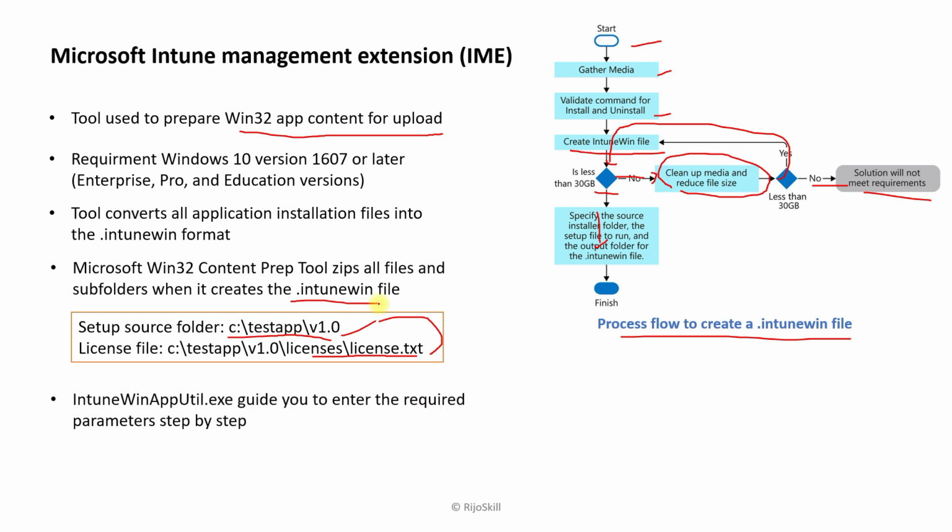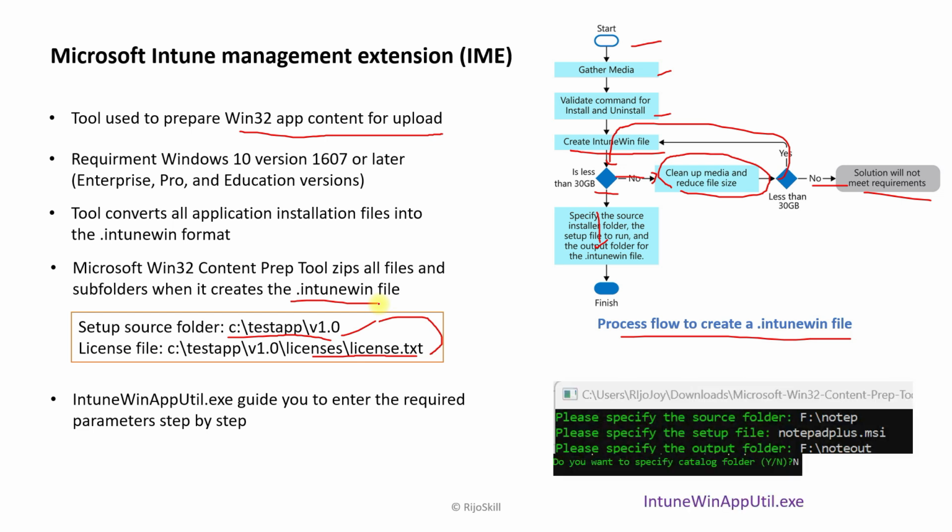IntuneWinAppUtil.exe guides you on how to enter the parameters. Here you can see the guidelines. First you need to specify the source folder, for example f:\notepad, that is a folder name. Then specify the setup file, this is the setup file notepad plus .msi, and specify the output folder.